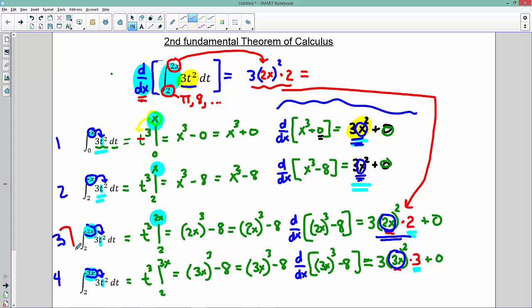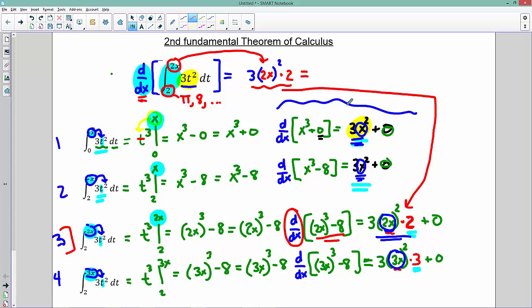So problem 3 here, we integrated this thing, we plugged in 2x, we plugged in 2, we got the minus 8, here it is, it's all down here. Then we took the derivative of it with respect to x once we were done. And you see we basically got back to the same function, 3 something squared, but we had this little chain rule thing happening at the end, times 2.